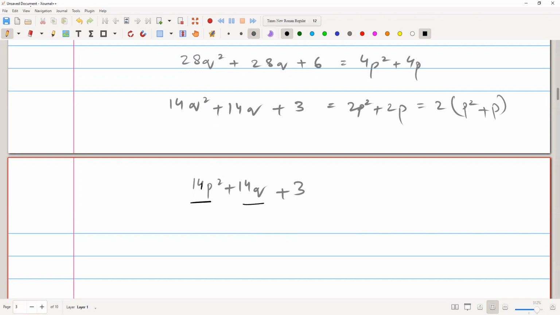The same thing happens with the 14q term. So these two numbers are even.